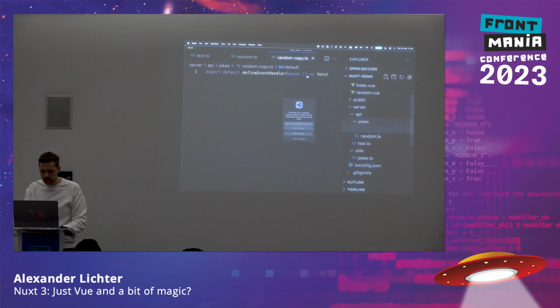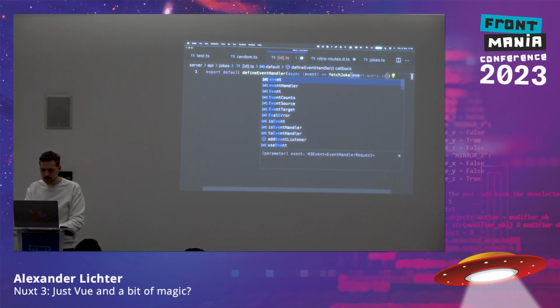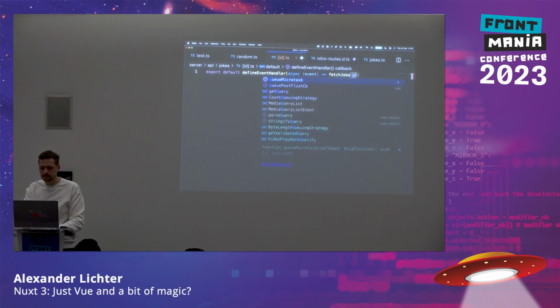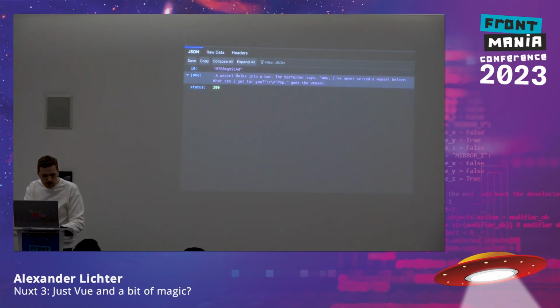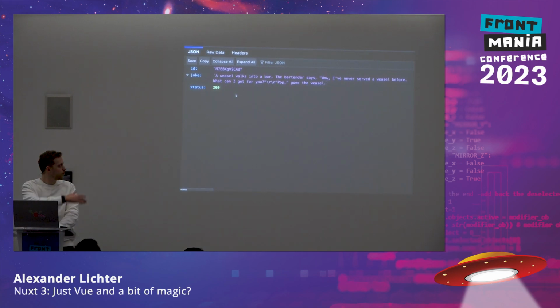And here we have the event, and we can say event.query.id, which is not exactly correct because we want the params, which are in the context, params.id, or we can just say getRouterParam event ID. This works the same way. So now we do the same as before. Let's take this ID here and put it here, and we get the same joke again and again.